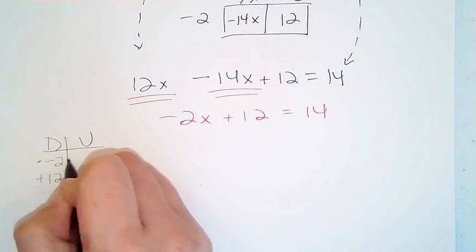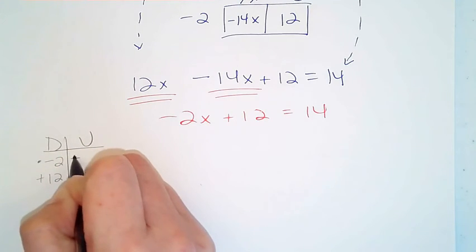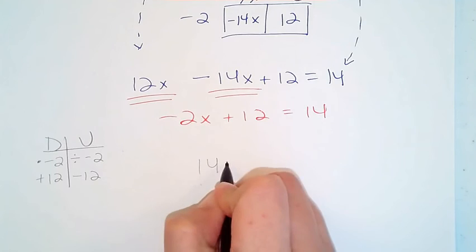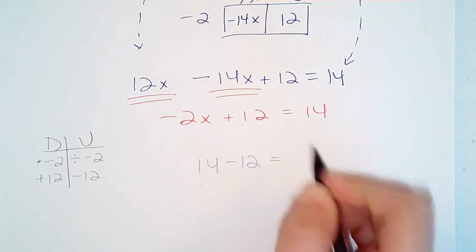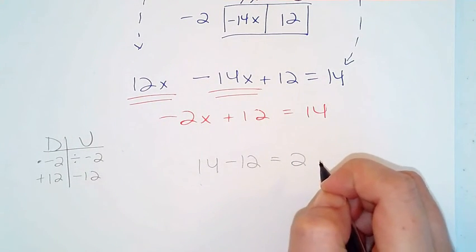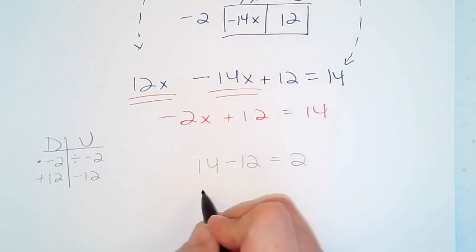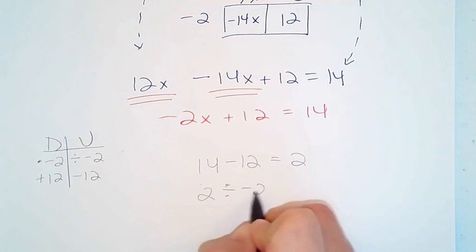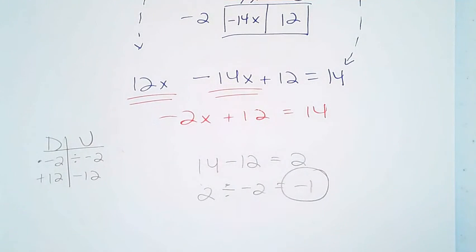Oh, this one's confusing, but the operation is multiply. So I'm going to divide by negative 2. So 14 minus 12 equals 2, and 2 divided by negative 2 equals negative 1. And there's our answer. This one's pretty challenging, right? Good luck.